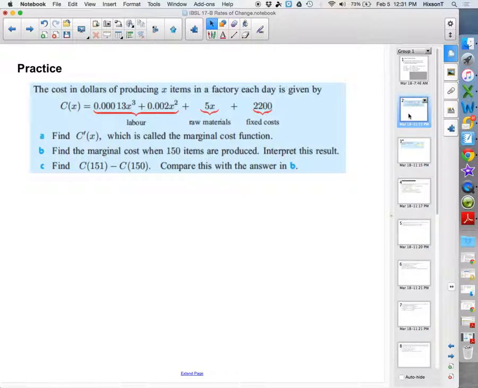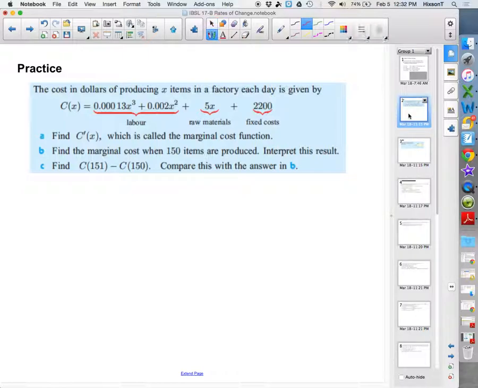They figured out, and this is how these big models come out, they have fixed costs, $2,200 a day. They have the raw materials to purchase the stuff in order to make these items, and then they have the labor, okay? They calculated how much they're paying per unit in labor, added all that up together and came up with this cost function.